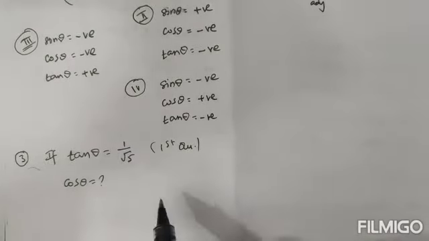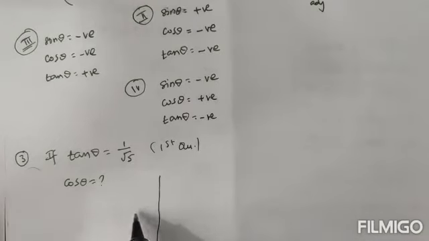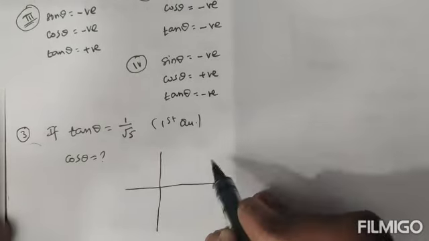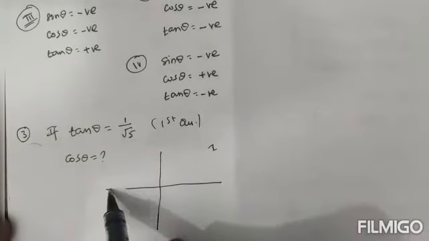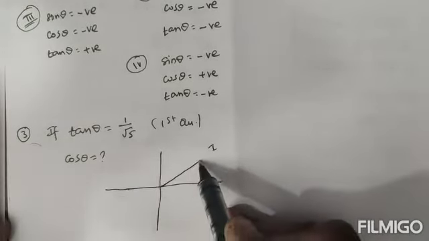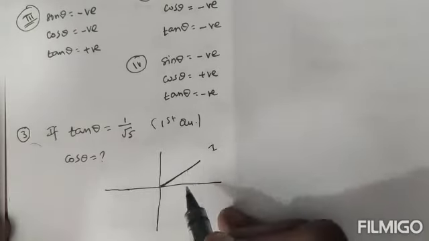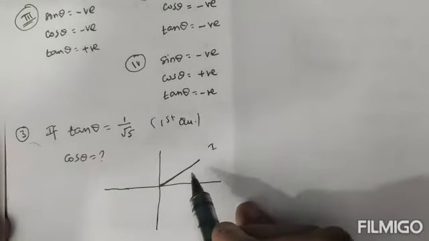So first I draw the diagram. Let us imagine this is the first quadrant, and in the first quadrant we are going to find cos theta.